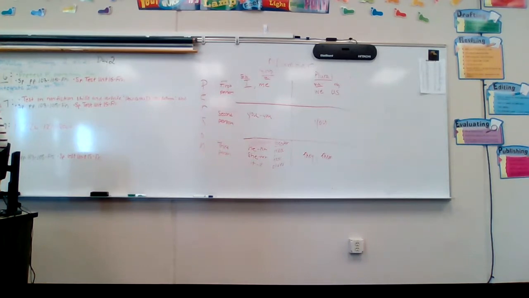Third person singular. The whole little paragraph there. Third person singular pronouns also change depending on the gender, feminine, masculine, or neuter, of the antecedent, the word the pronoun refers to. So they're telling you what an antecedent is.